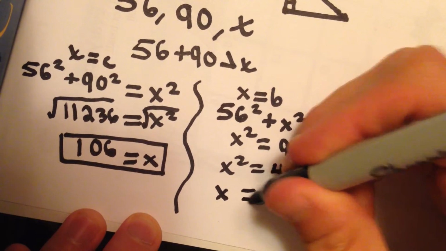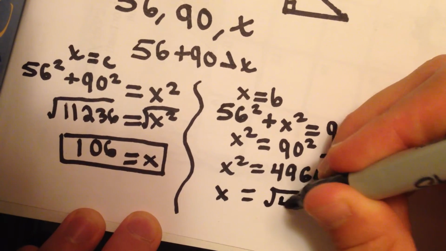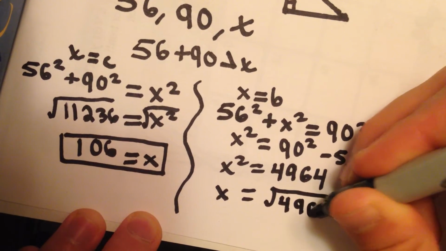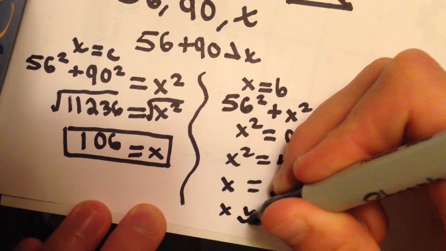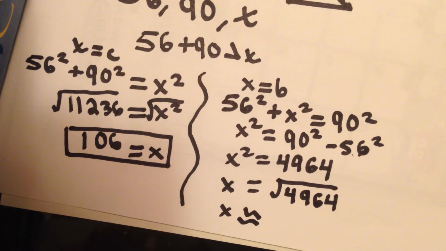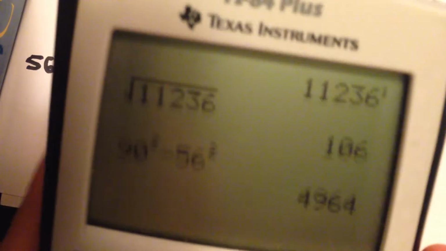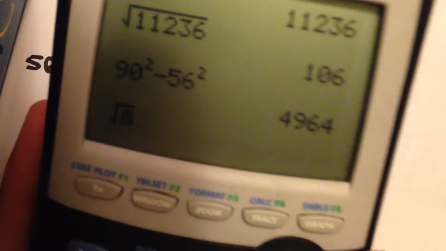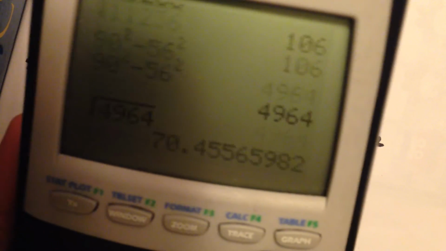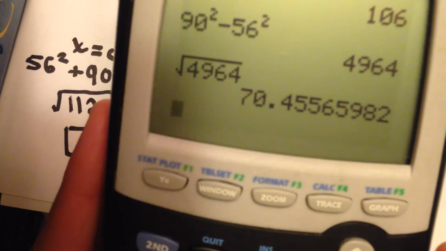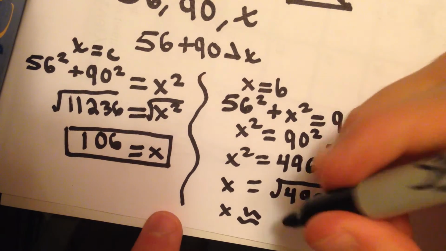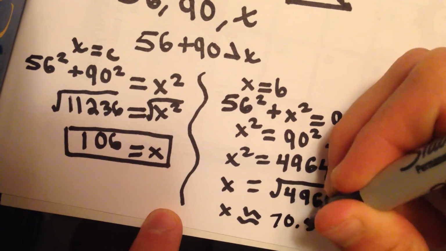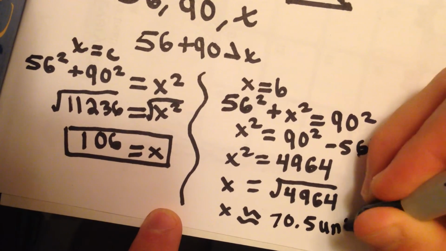So x is equal to the square root of 4964. Or, in other terms, x is approximately, let's do this on the calculator, square root of 4964, approximately 70.5. That's in units. We don't know what that is.